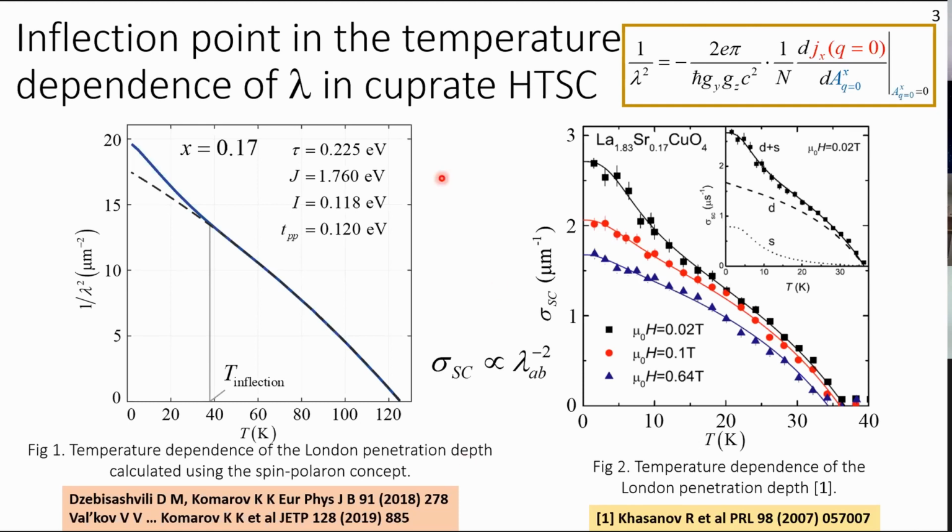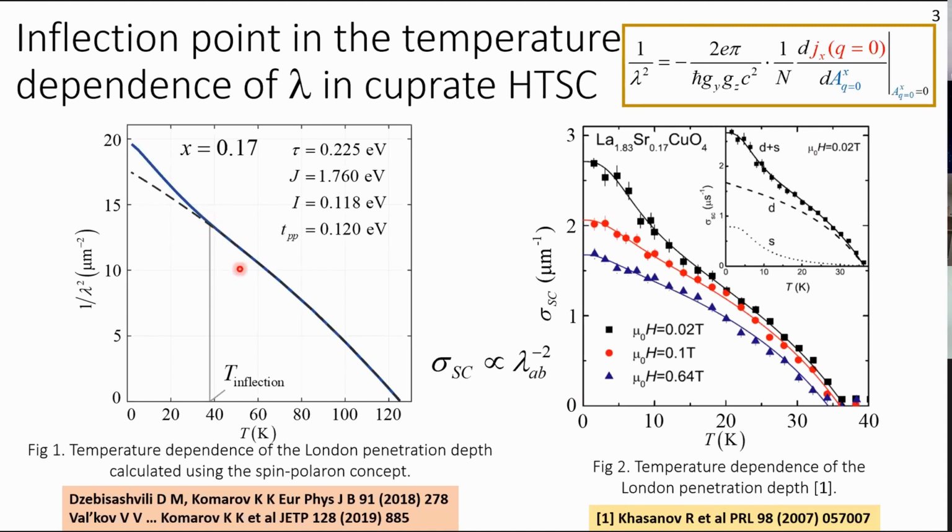The figure on the left shows the result of these calculations of London penetration depth with the spin-polaron concept with 17% of hole doping, which corresponds to the experimental data shown on the right. We can see that the inflection point is quite clearly observed on the theoretical temperature dependence.